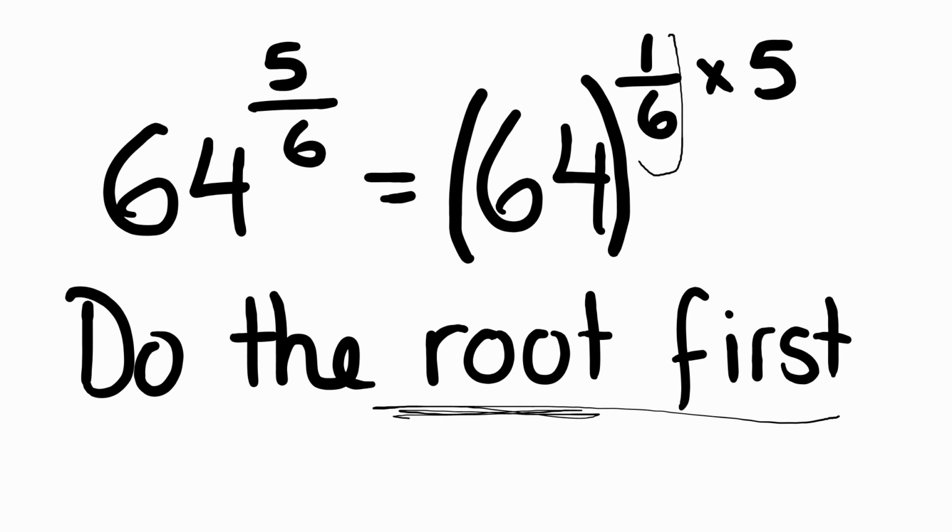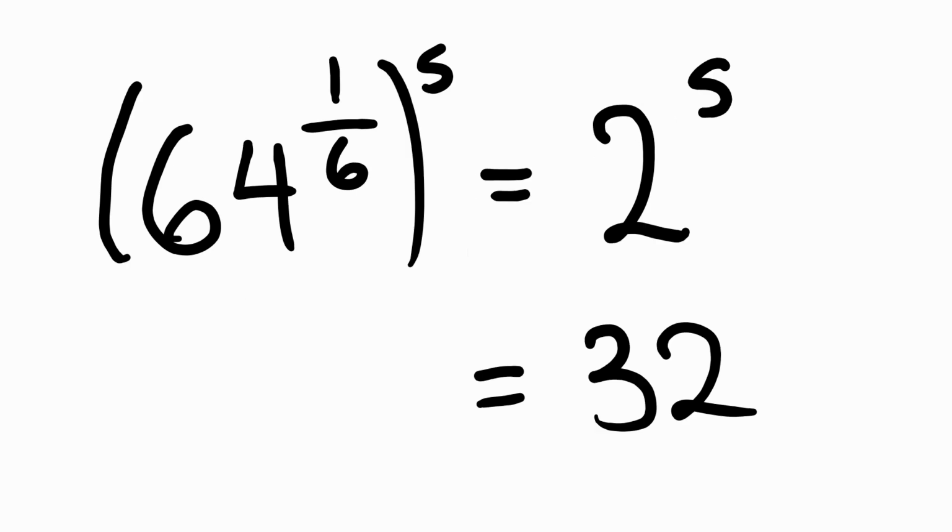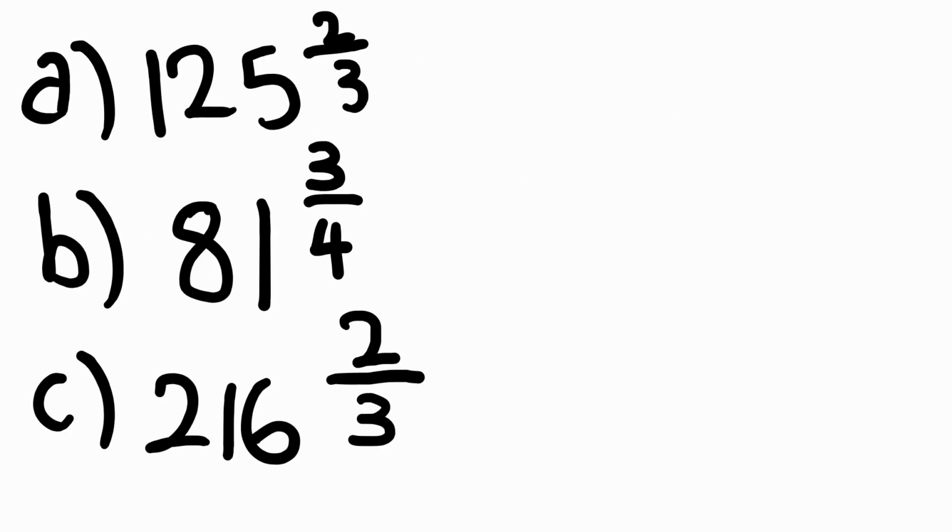So we're going to do this 1 over 6 first. 64 to the power of 1 over 6 is the same thing as 6th root of 64, and that is 2. And then 2 to the power of 5, which is 32.